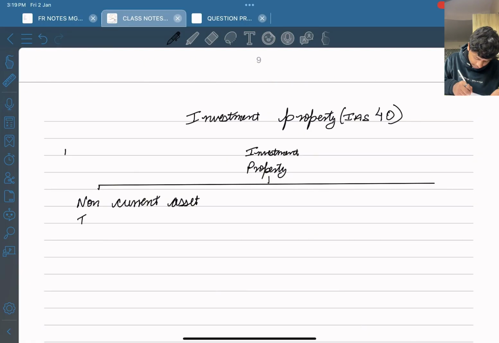Second, it is tangible in nature, right? Just like property, plant, and equipment, it is a non-current asset and it is tangible in nature.